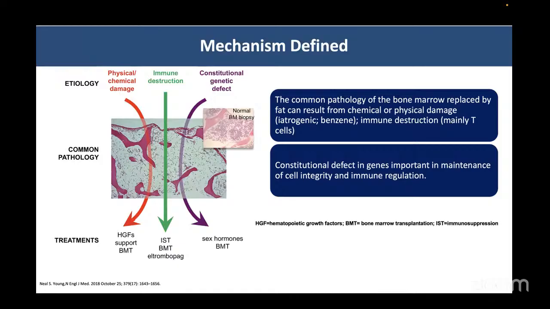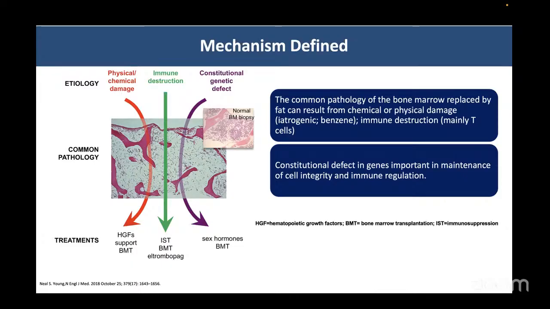So talking about the mechanisms of stem cell damage in aplastic anemia, it can be a physical or chemical damage wherein the patients may have a history of radiation exposure or exposure to chemotherapy, or it can be an immune mediated attack. Such patients do respond well to immunosuppressive therapy.